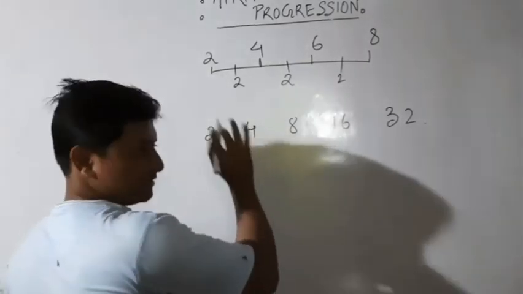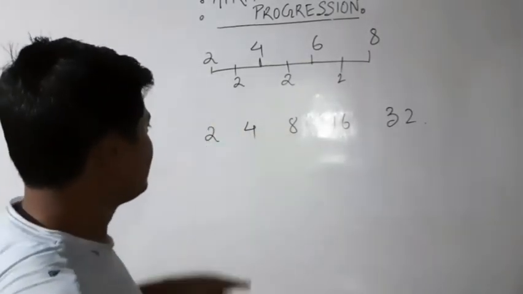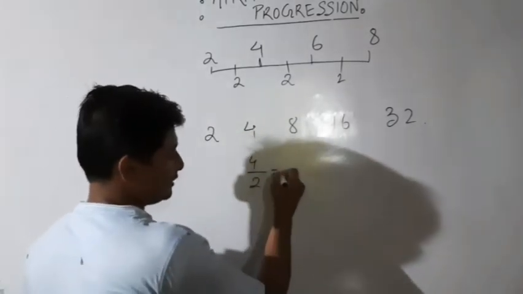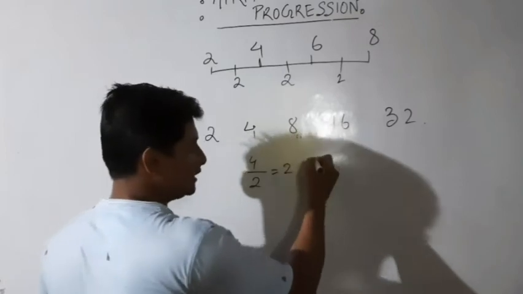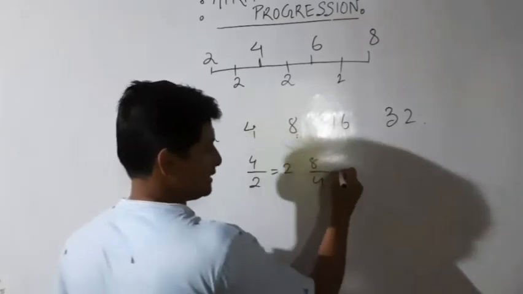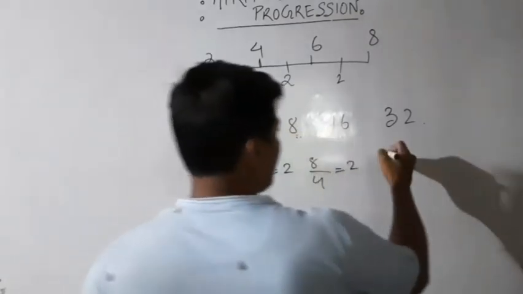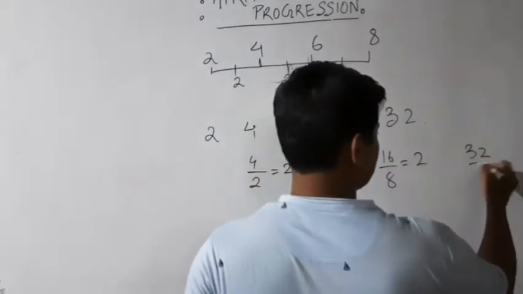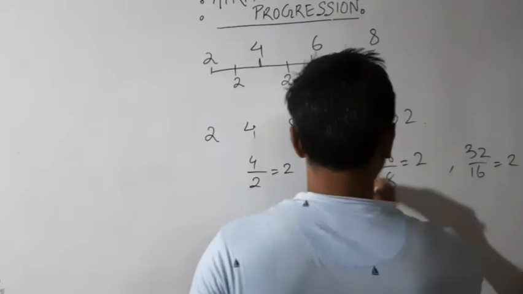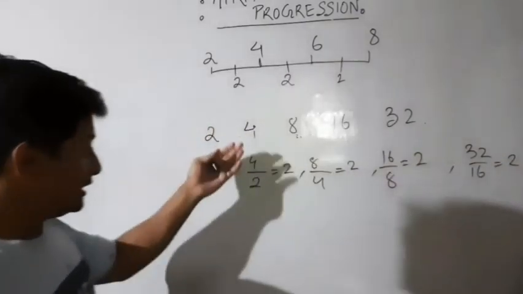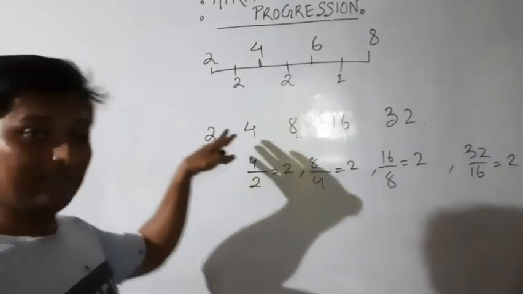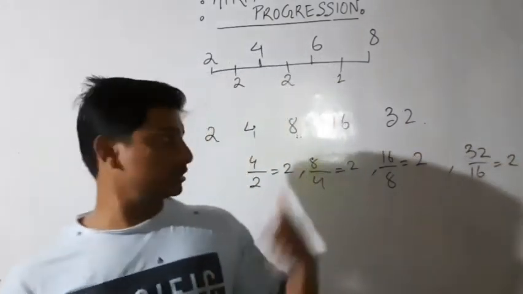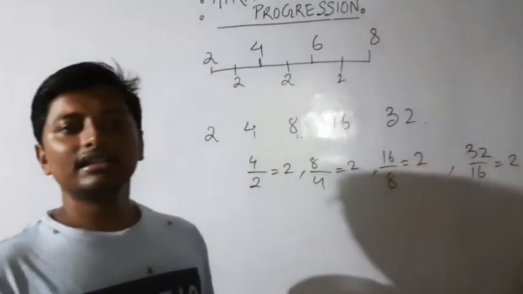Instead of subtracting, let us divide. The second number divided by the first is 2. The third divided by the second is again 2. The fourth by the third is again 2, and the last number by the fourth again gives 2. So the ratio between consecutive numbers is the same.